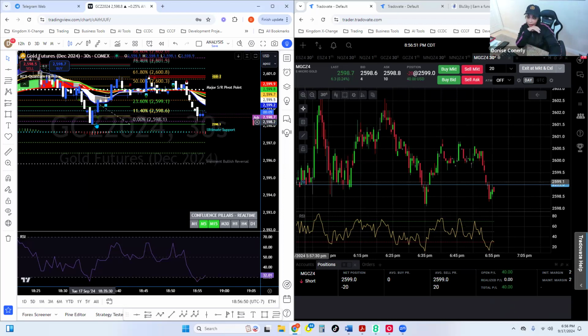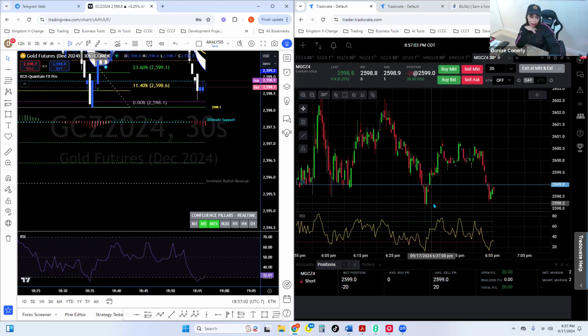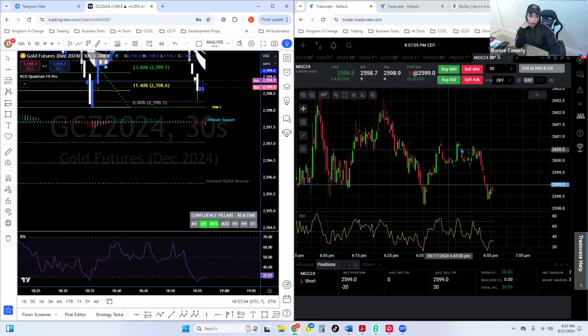You can see we're at resistance here. It's tight, that's why it looks like a line, but it's actually resistance here. So you can see it on the Tradovate chart.